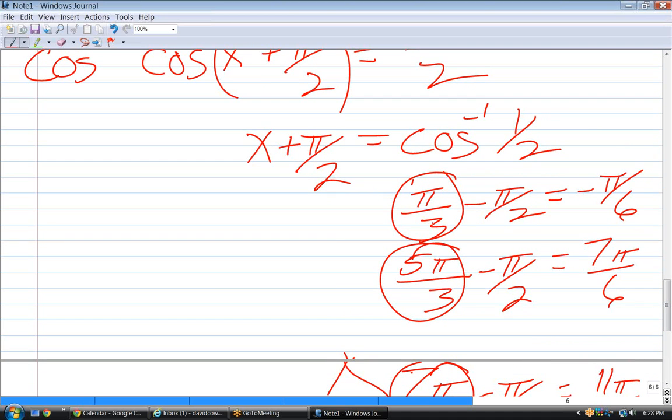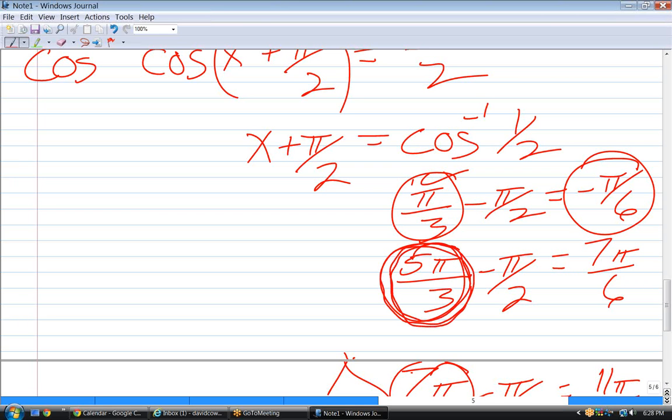That's how I got pi over 3 minus pi over 2. This pi over 3 is the inverse cosine of 1/2, and then I subtract the pi over 2 that comes from over here. So that first answer gave me minus pi over 6, outside our domain. We just keep going around the unit circle, finding other places where cosine is equal to positive 1/2.